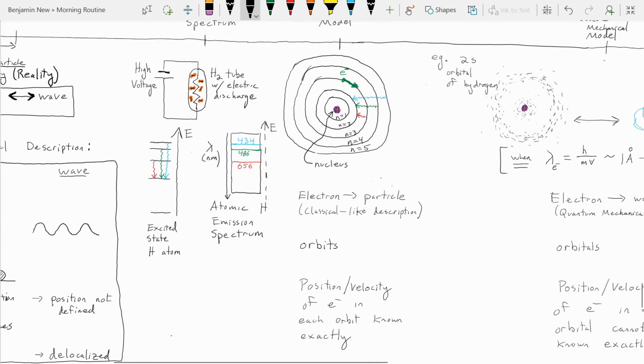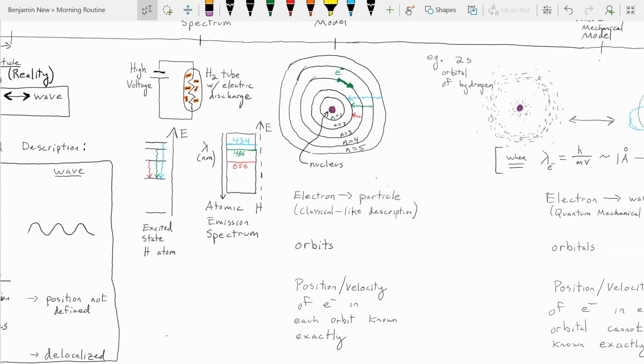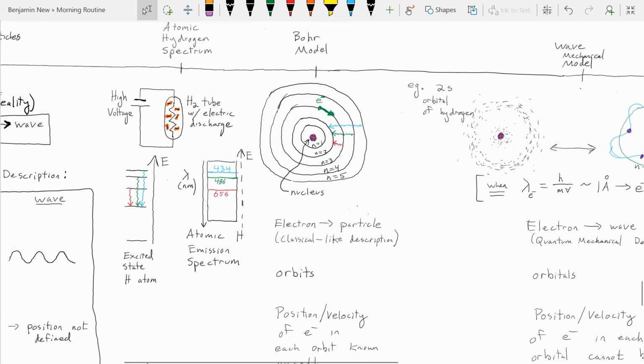Okay, so the key point here is that the electron energy levels, they interpreted the data such that the energy levels were quantized, which is to say that only certain energy levels were allowed.